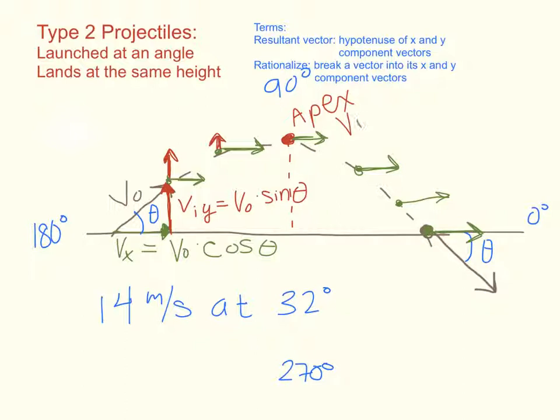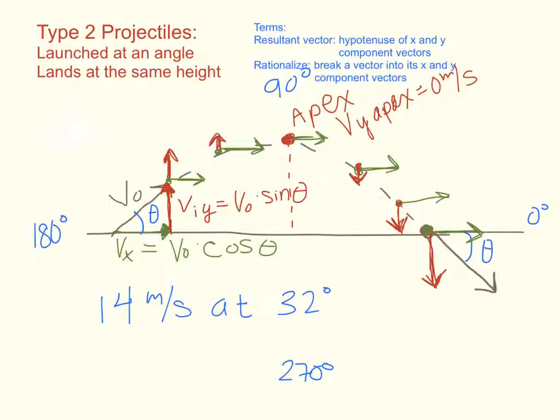So velocity of y at the apex is equal to 0 meters per second. And then as it's going down, that vertical velocity starts to increase, but it increases in the negative direction, until we get all the way back down here, and it's back to the same size that it started with in the beginning.